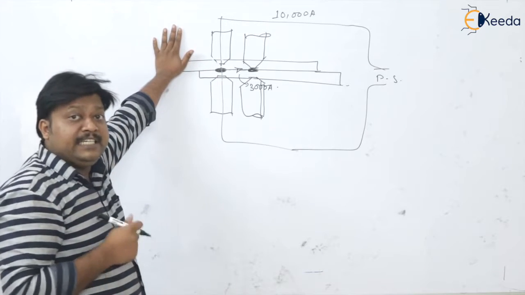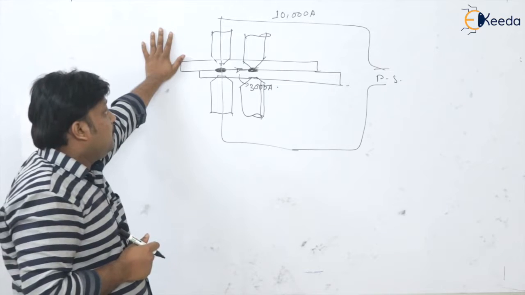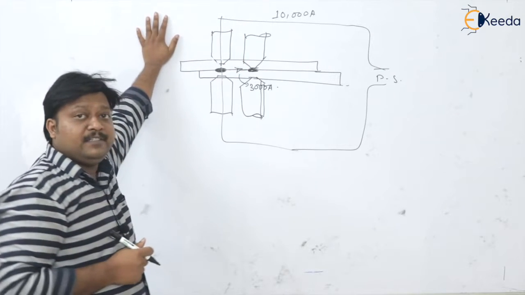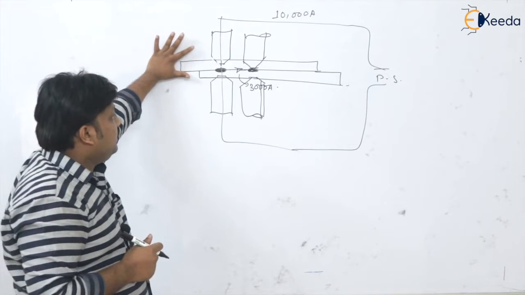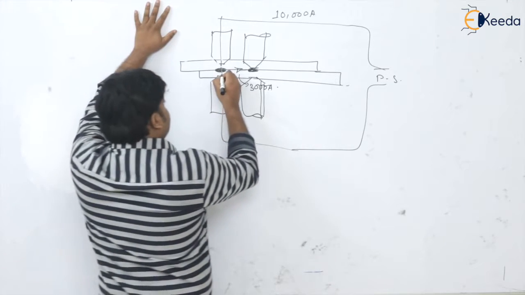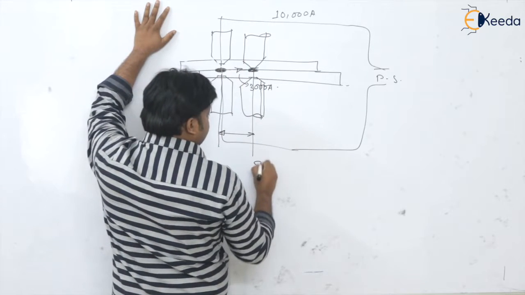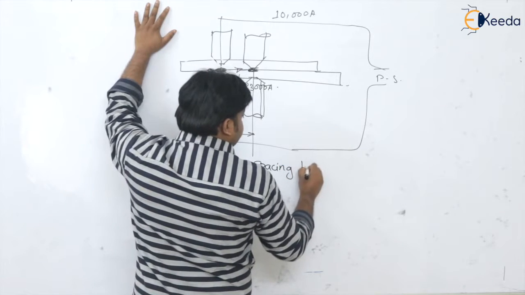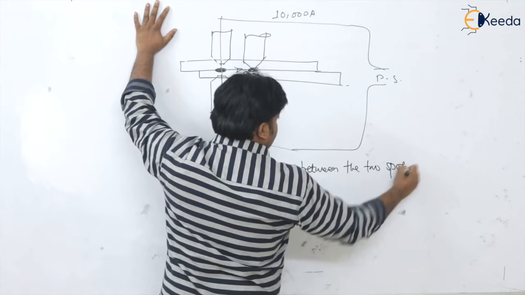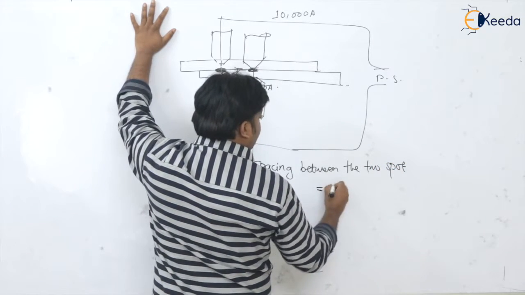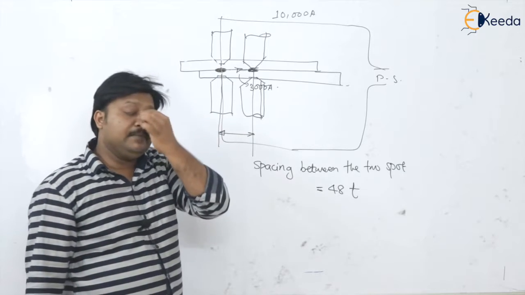To avoid this shunting of electricity, because we require 10,000 ampere here only, but 3000 is bypassing because of this shunting property, in resistance spot welding the spacing, or distance, between the two spots is maintained at around 48 times the thickness of the plate, so that shunting can be eliminated.